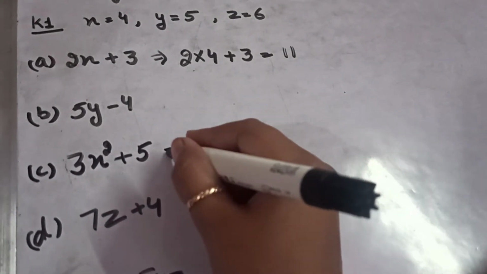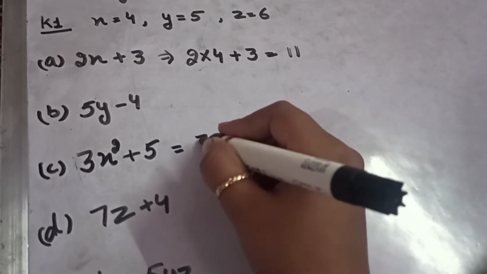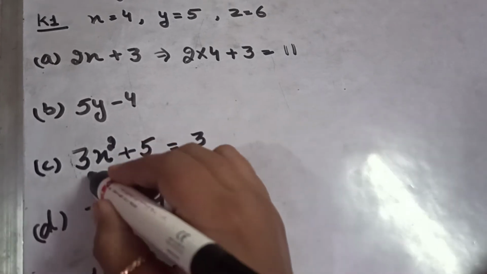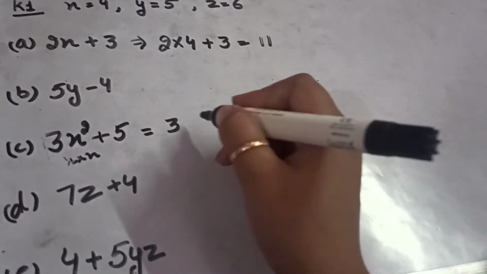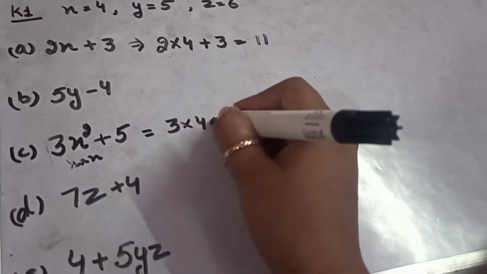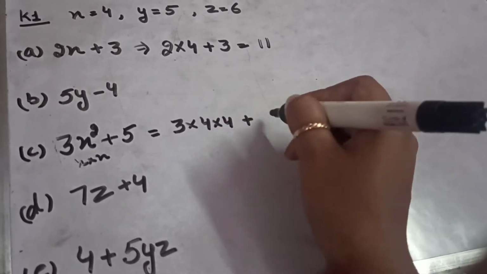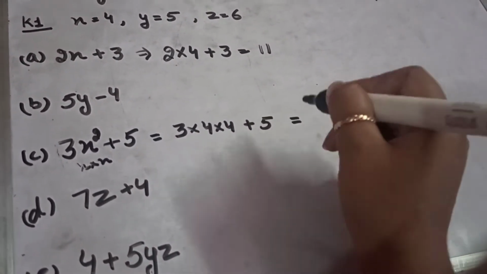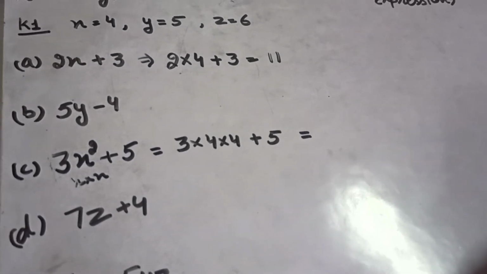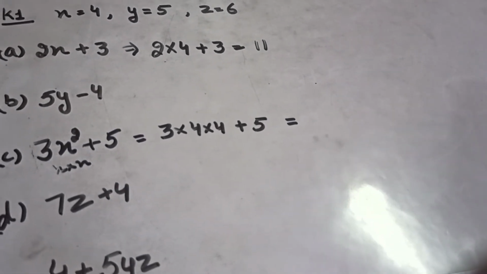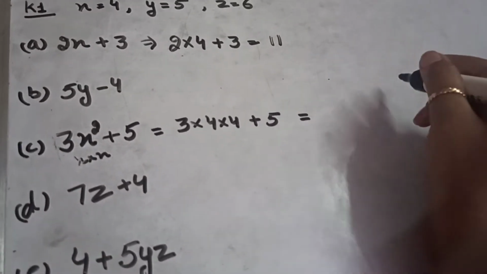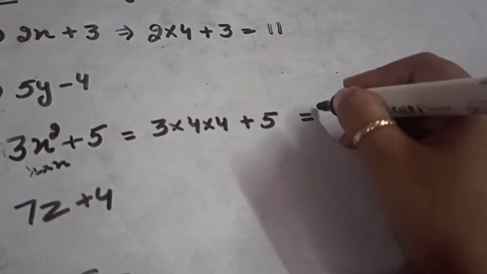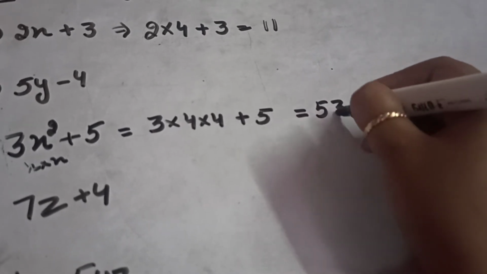Come to this 3x square. It means x square means x multiplied with x. So 4 multiplied with 4 plus 5. Now 4 4s are 16. 16 3s are 48 and 48 plus 5 is 53.